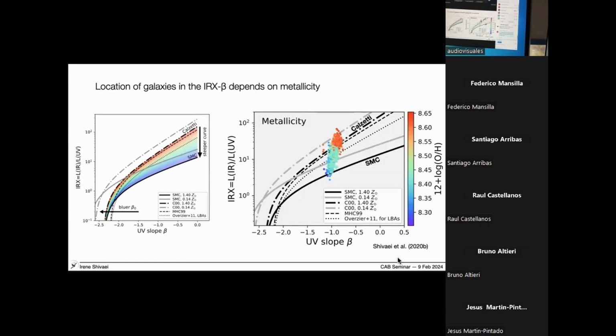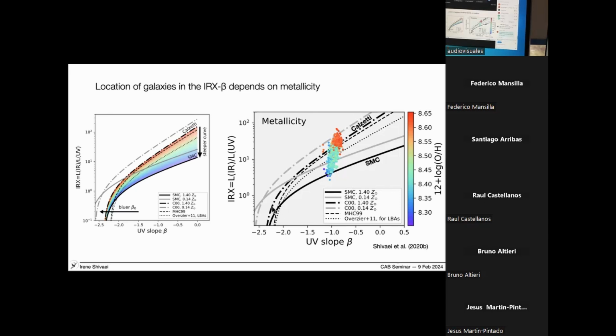Yeah, good catch on the caption. So this is an average SMC curve, averaged over different sightlines. But I'm showing both 0.14 solar metallicity and 1.4 solar metallicity, so a factor of 10 different.